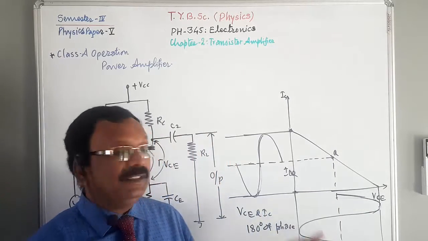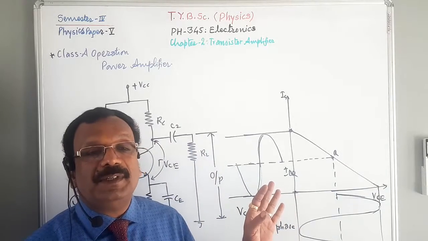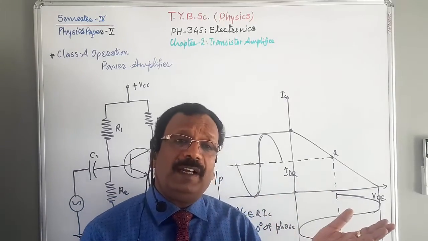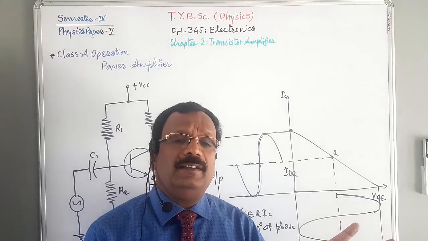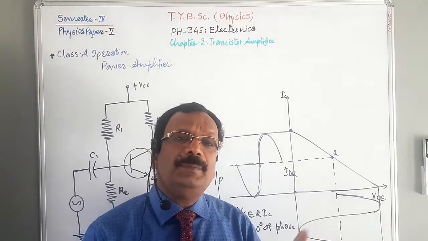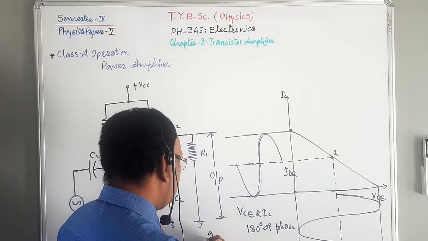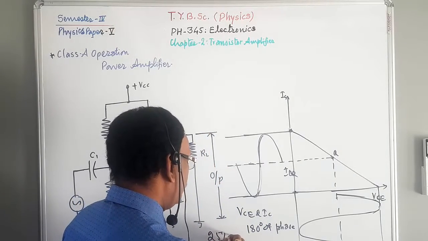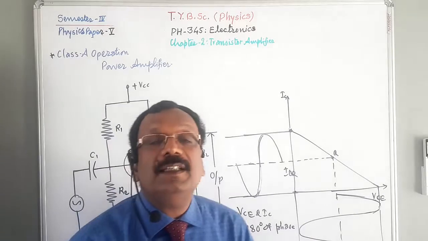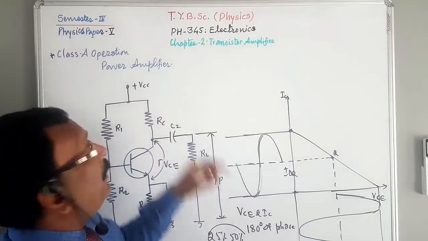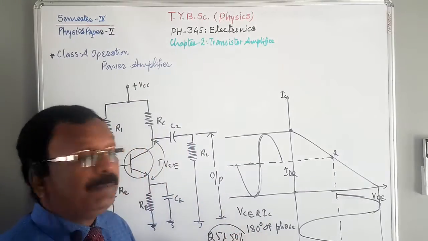There is another drawback. Due to large power dissipation, efficiency is very low. As power is unwantedly dissipated, obviously there is an effect on efficiency. Efficiency of this amplifier is between 25% and 50%, but note that the efficiency of a class A power amplifier is always less than 50%.